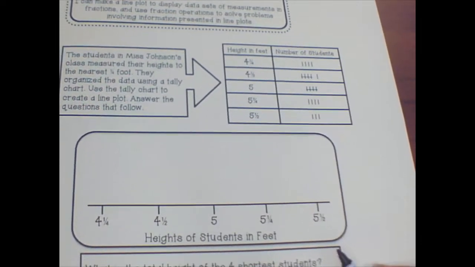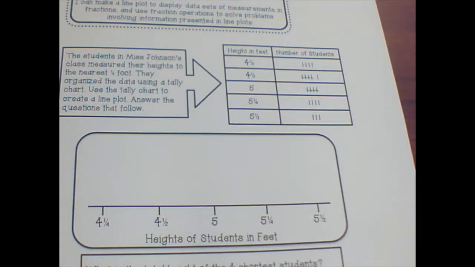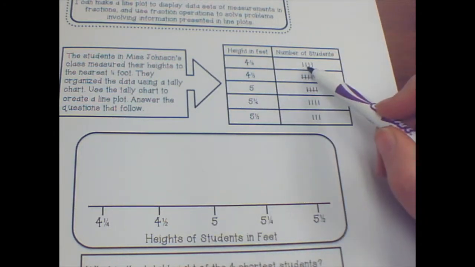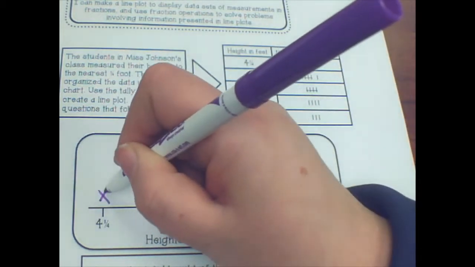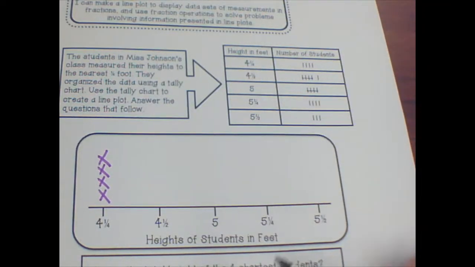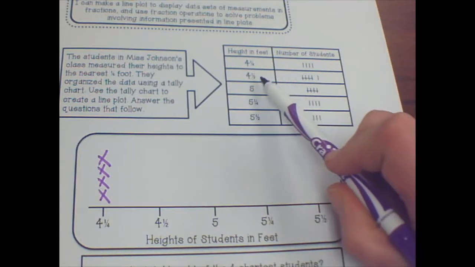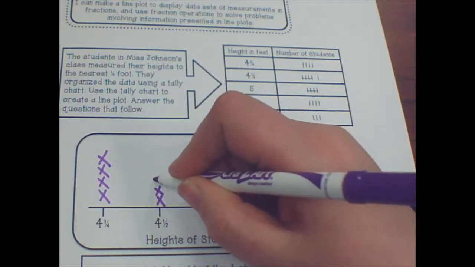When you make a line plot, it's just taking that set of data and organizing it in a different way. So if I know that 4 students were 4 1/4 feet tall, I would just make 4 X's. If I know that 6 students are 4.5 feet tall, I would make 6 X's.